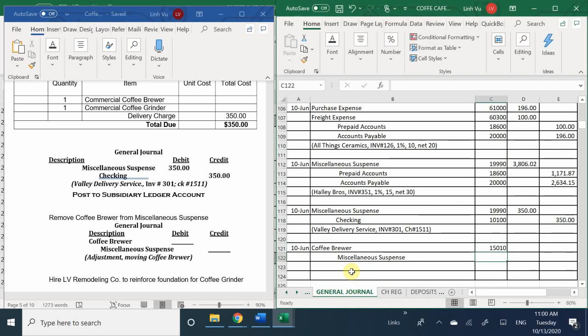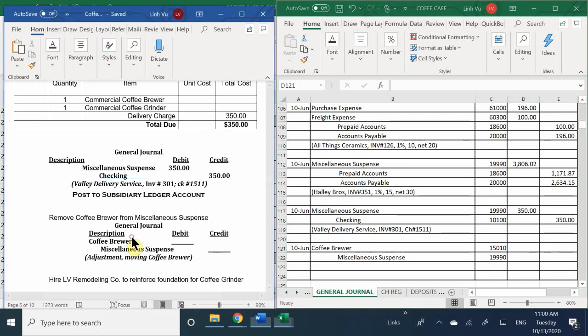Okay. What about my miscellaneous expense? I think that was 19,990. Yeah. Okay.